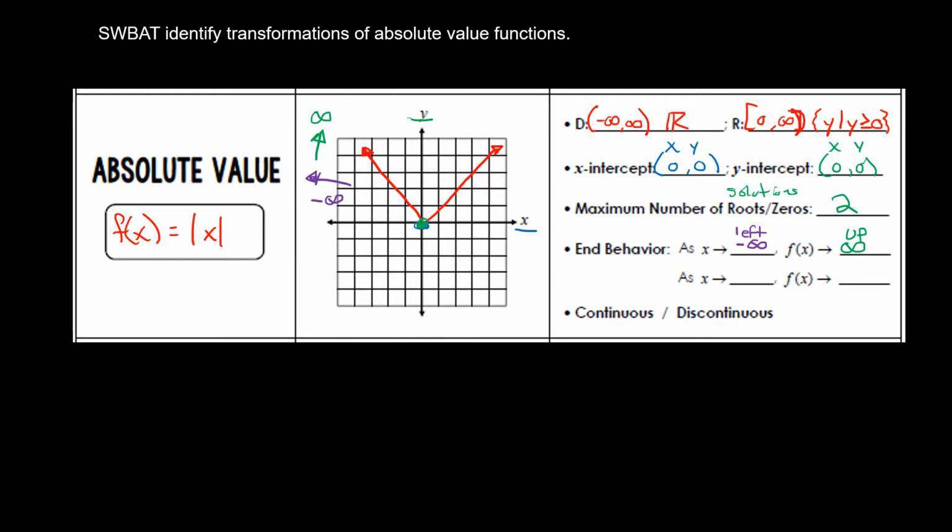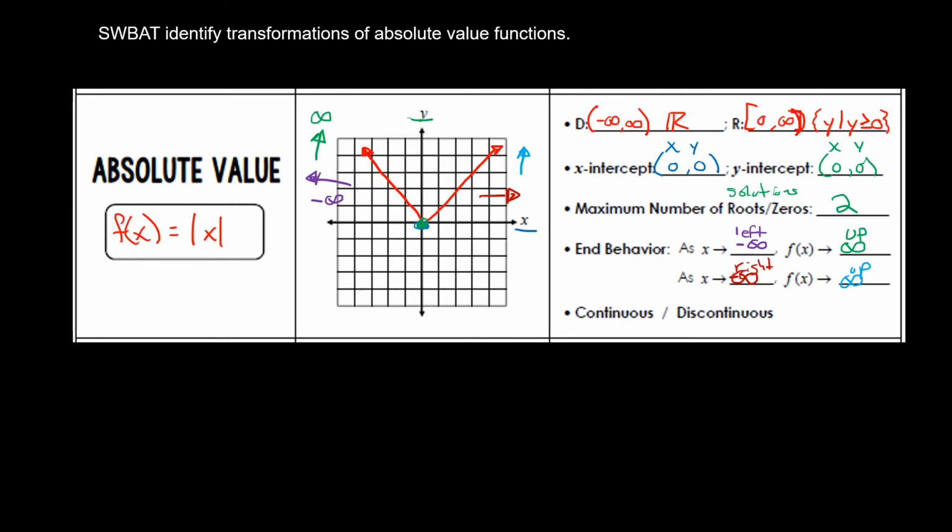As x is going to positive infinity, this would be my right. As I'm going to the right here, my graph is also going up. My y is going up forever to infinity.